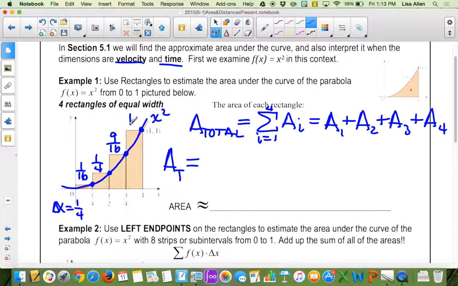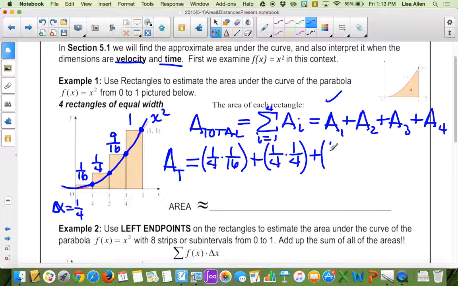So we get an area total equal to, the first rectangle would be an area of 1/4 times 1/16. Then the second area would be 1/4 times 1/4, plus the third area would be 1/4 times 9/16, plus the last area would be 1/4 times 1.